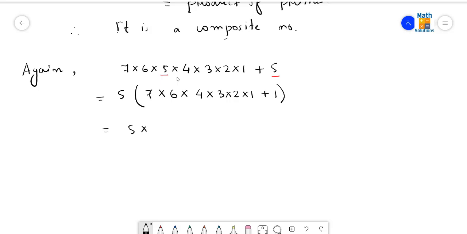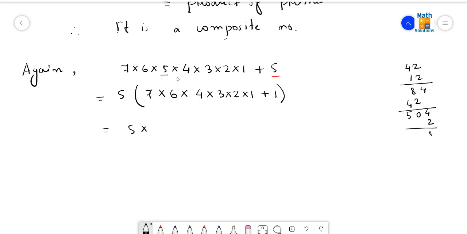6 into 7, the result will come as 42. That should be multiplied by 4 times 3, which is 12. Let us check what answer we get. The answer comes as 504. Again, that has to be multiplied by 2.